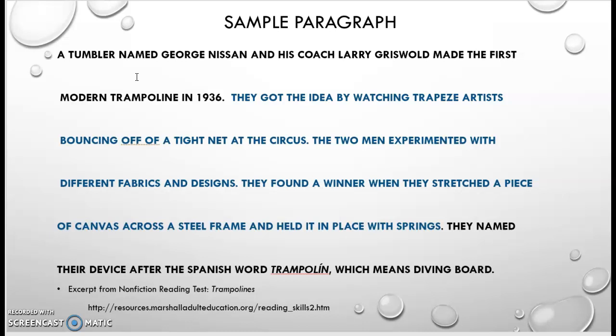Interesting, right? So now you know how they found the idea, what they used, what they went through, and how they finally solved their problem. And then finally, we have the conclusion, which is they named their device after the Spanish word trampoline, which means diving board. So that, ladies and gentlemen, is the exact way of how to break down a paragraph.